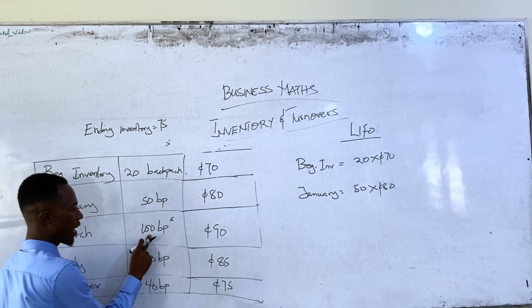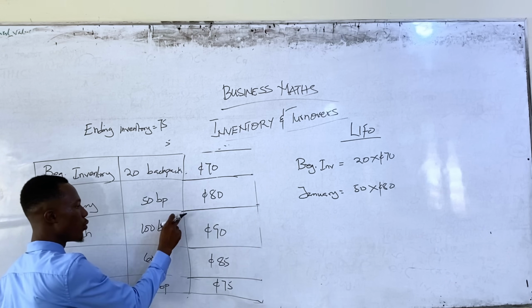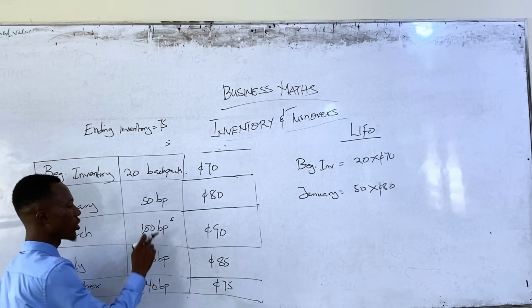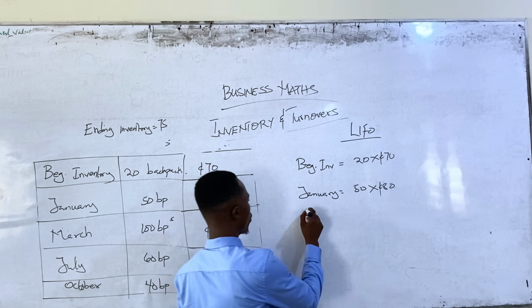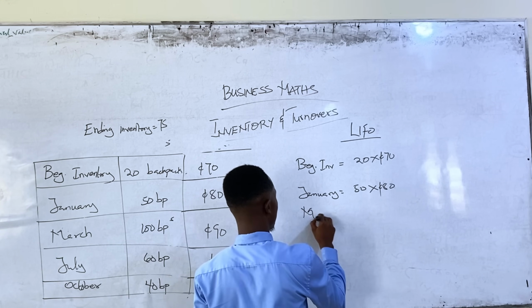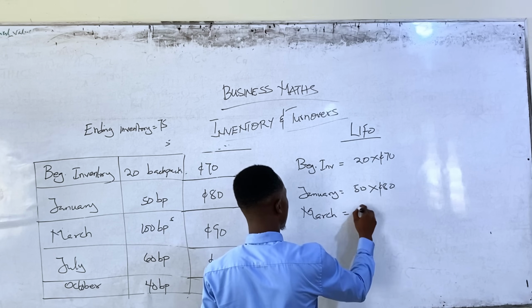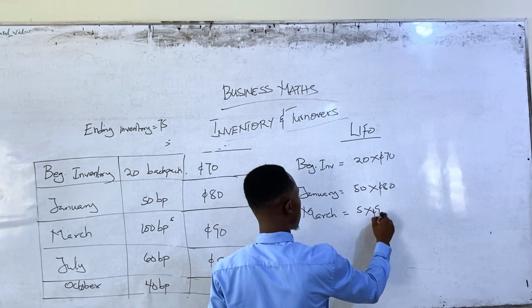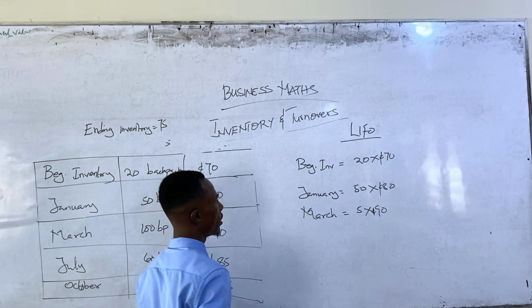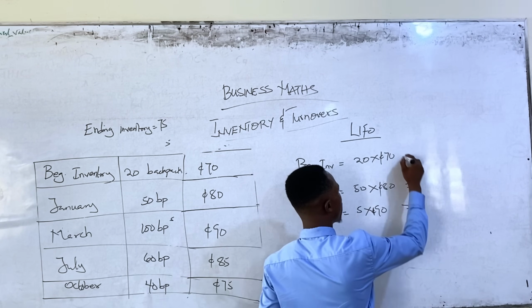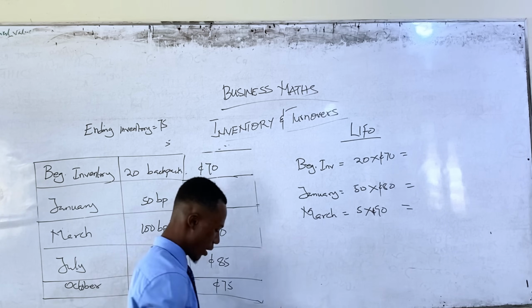So we are going to take that 5 from here. Instead of multiplying 100 by 90, because the remaining is not up to that, you cannot multiply this, but rather the remaining amount by 90. So which month is that? March. It is 5 times 90 Ghana cedis. These are the extensions for the various months.